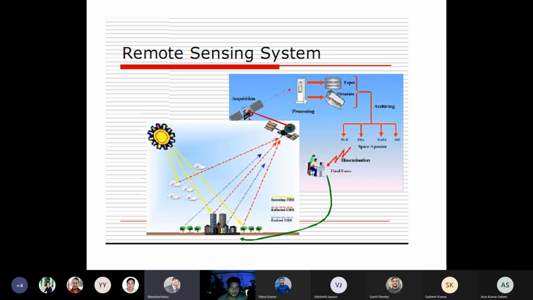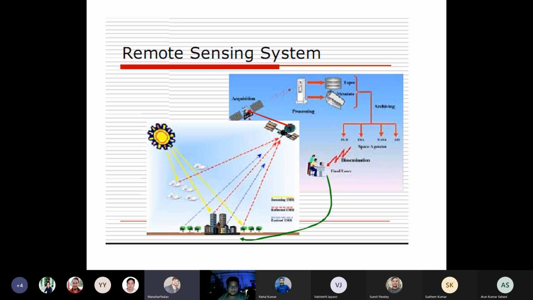So through this diagram, I hope it is clear that the energy comes from the sun, enters the earth atmosphere, then that energy component also interacts with the earth atmosphere, particles, clouds, water vapor, etc. And the resultant energy reaches the earth surface object. It interacts with the earth surface materials, objects.